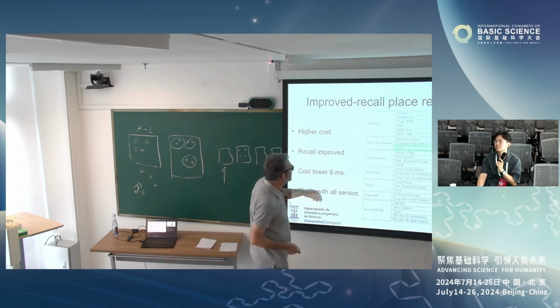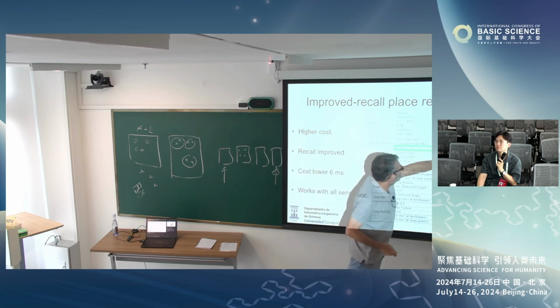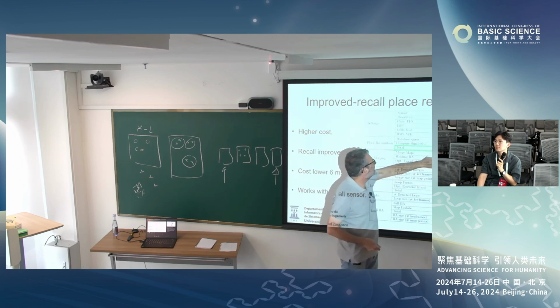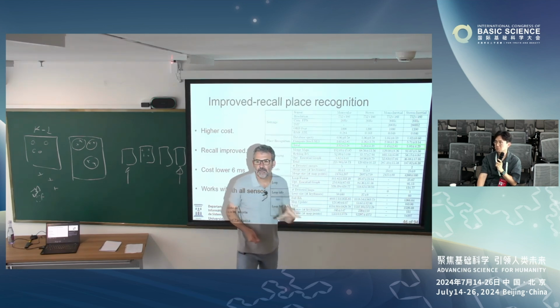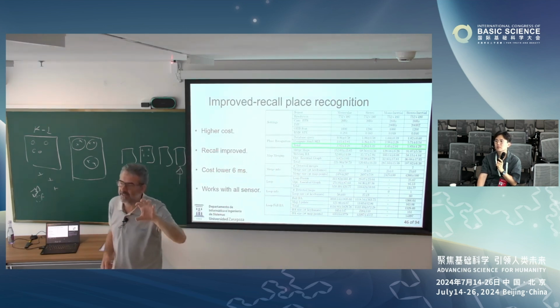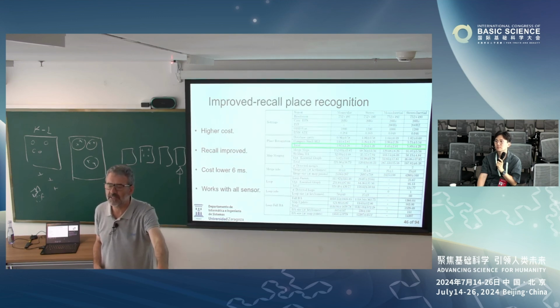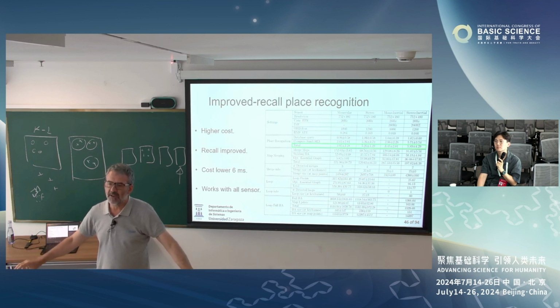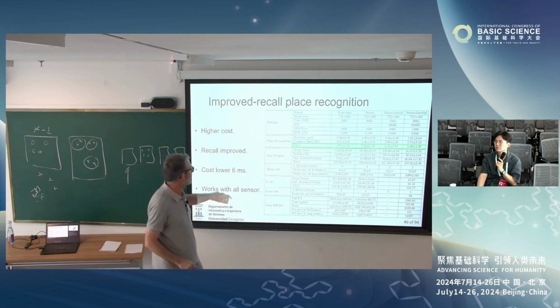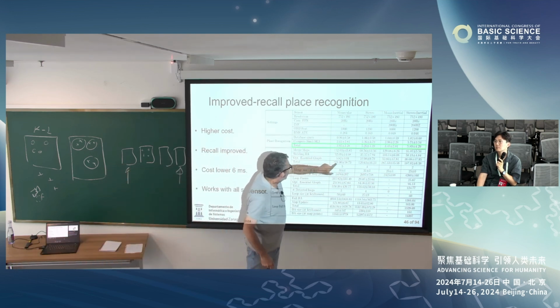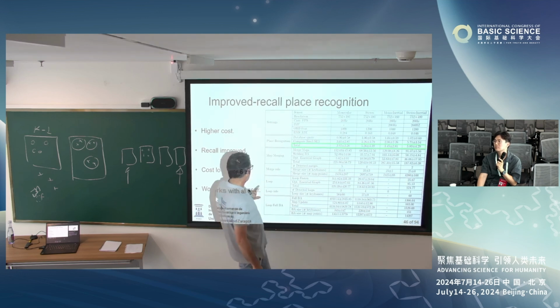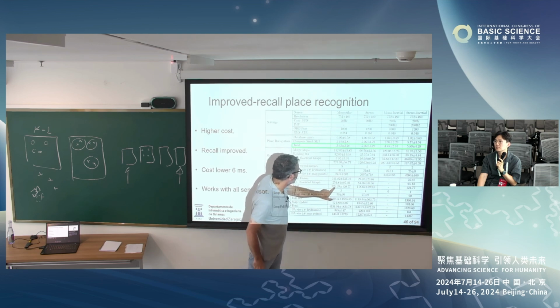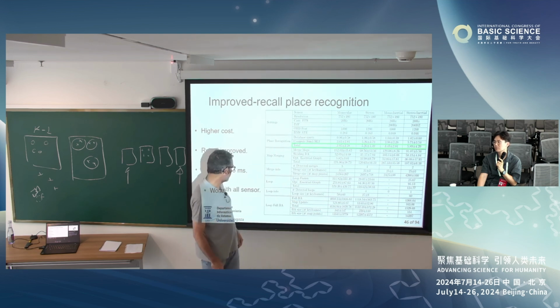But in any case, the total time for detecting if I have seen this scene or not is 3 milliseconds. The map merging takes us 200 milliseconds, and if we have to make a loop, it takes something like 500 milliseconds.